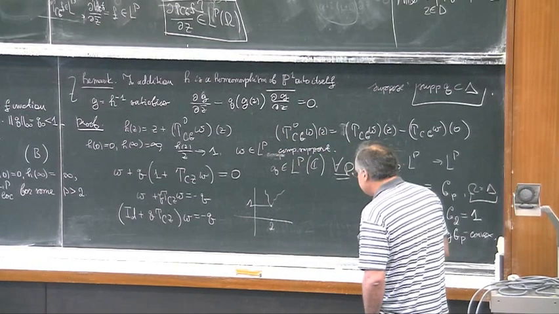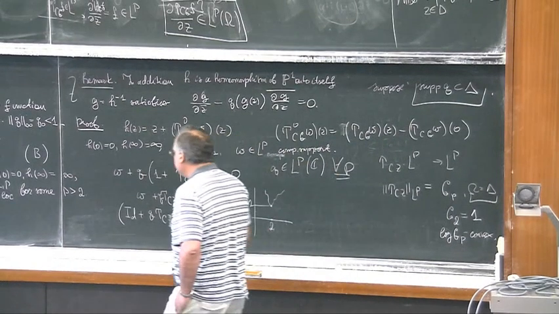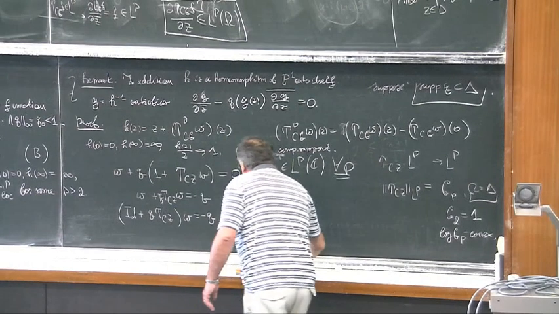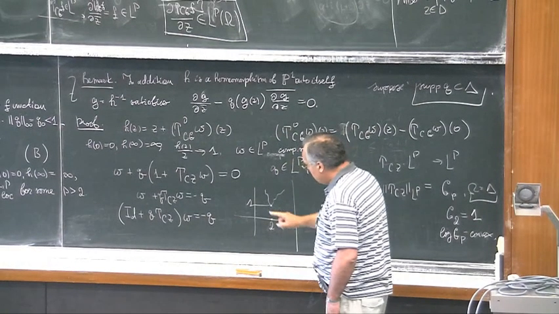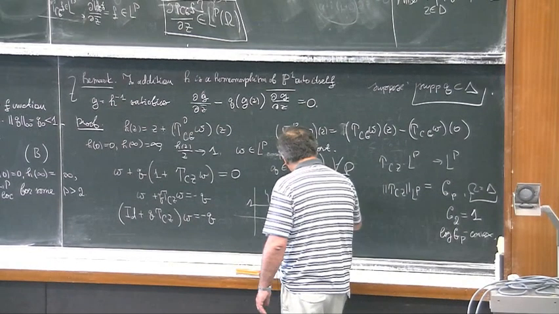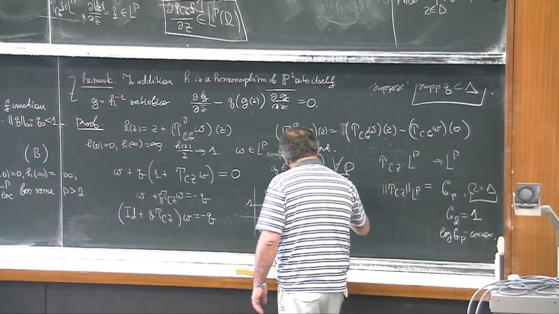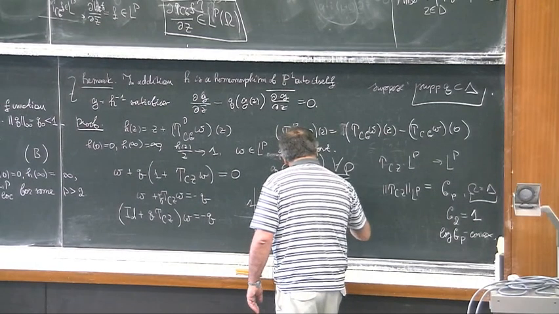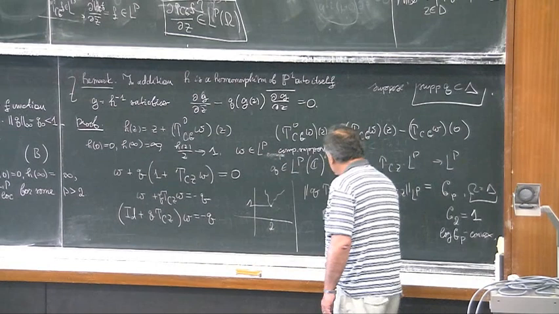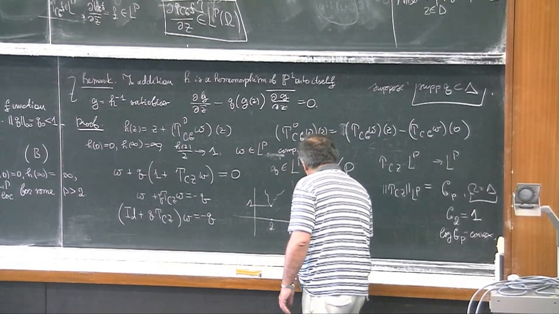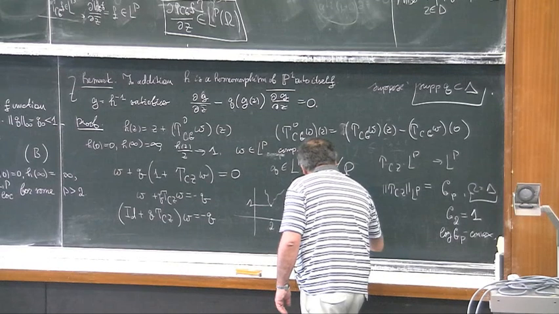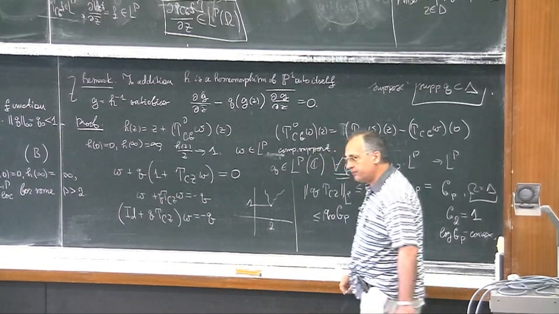Well, what I need from all this is the following. I see that the norm of the operator q times Calderon-Zygmund in LP will be less than the sup norm of q, which is q0, times gp.